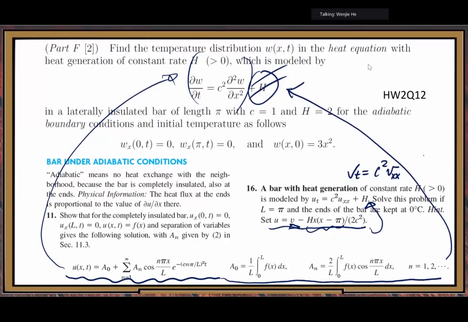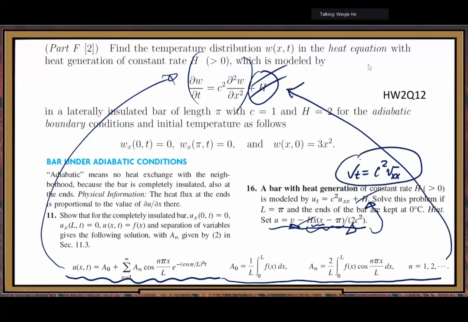H is gone. See? H is gone. Because here, negative H, double derivative, x squared, gives 2, but you divide it by 2, right? So you have 2, you divide it by 2. C squared, after cancellation, you have negative H and positive H cancel out.